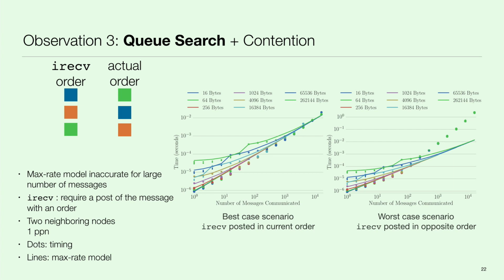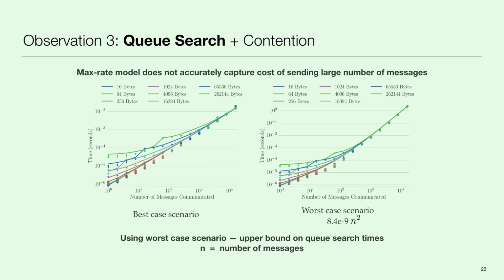It can be up to a couple of orders of magnitude off in the model compared to the timings that we see in practice. So to compensate for this, we can add a term to our model. And in this test, we penalize with an n squared term, where n is the number of messages in that queue.